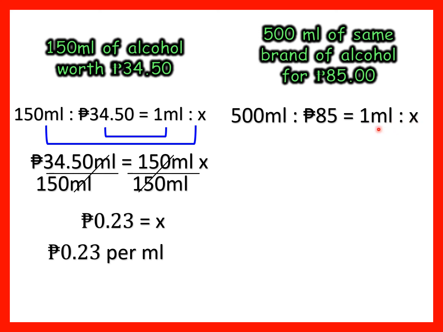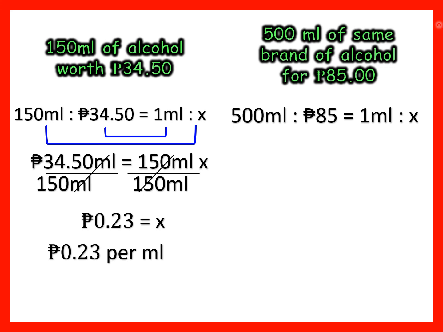Again, it cannot be x is to 1 ml, so we have to be strict with the arrangement. The antecedent is the ml in units, so the antecedent on the other side is also ml in units, and then the consequent is the amount in pesos, and that's what we are looking for, that's x.